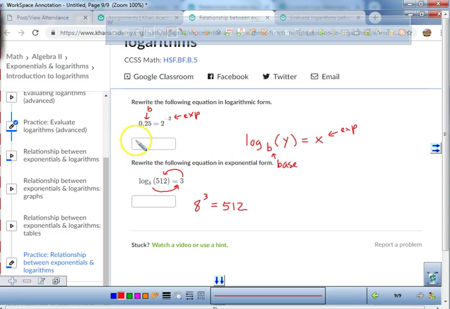Okay, so here's what I'm going to write for my answer. Log, what's my base? 0.25. All right, what's my number going to be here? A 2. And what's going to be to the power, what am I going to say it's equal to? A negative 2. So I'm taking my exponent and putting it there. I'm taking my base and putting it here. And whatever that number is right here, that answer right there, I'm going to put it right there for y.